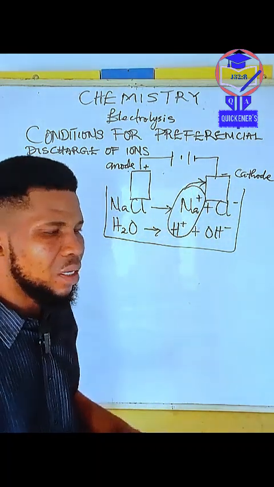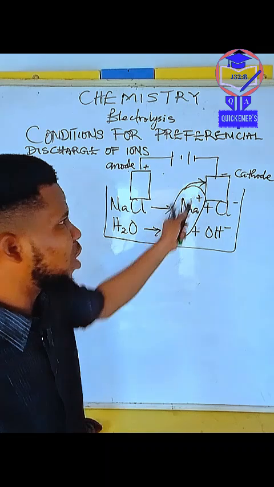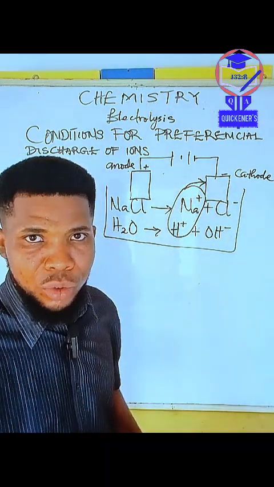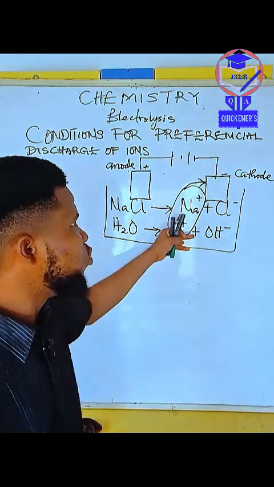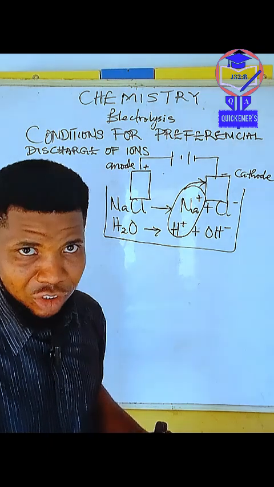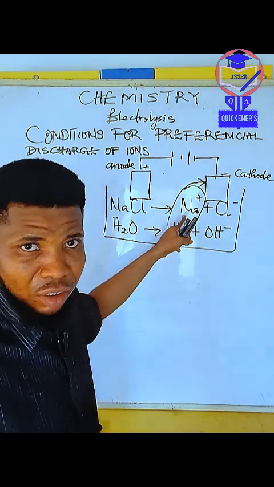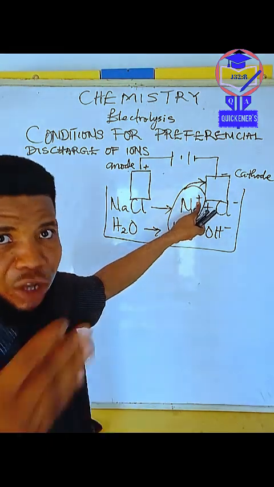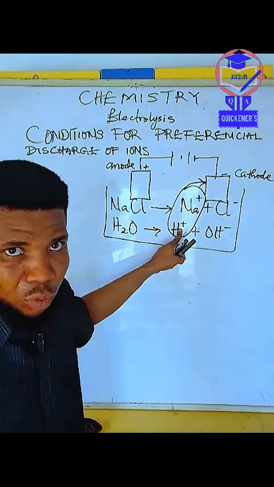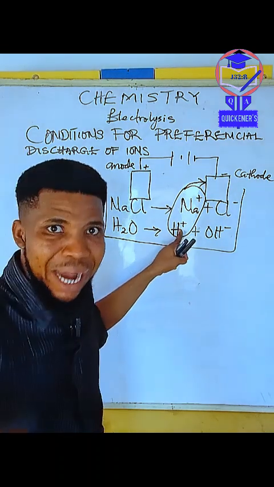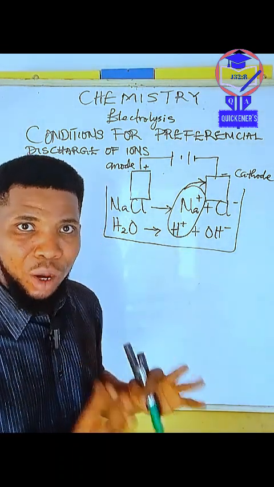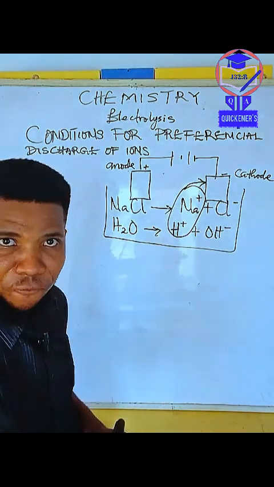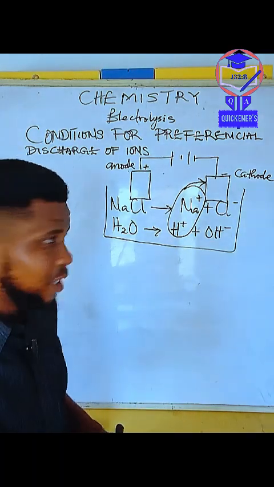What does discharge mean? Meaning, at their current state, they need electrons to be discharged. That is, they need to absorb electrons to be discharged, right? Because they've lost electrons. This one has lost one electron. This one also has lost one electron. So they need to regain that electron so that they will be in their normal state, as in their atomic form or molecular form. You understand me?